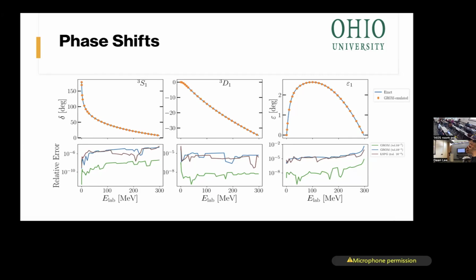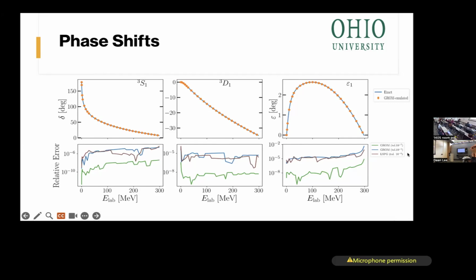So we already define that emulation will stop when the tolerance reaches this, so the error needs to go below this. If all the errors are below that, then that's when the emulation stops. You can see here the phase shifts for 3S1 and 3D1 perfectly align up to some order. I didn't put the LSPG one because it will look the same.